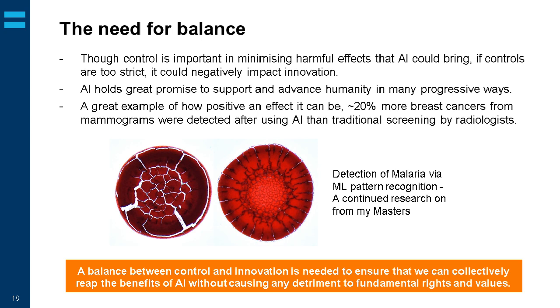But if we put too many controls, then we could negatively impact innovation. AI can help us in lots of different ways, and if we were to impact that, we wouldn't be anywhere near as affected as we could be.